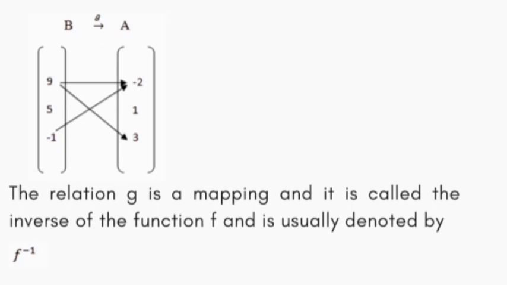The relation G is a mapping, and it is called the inverse of the function f, and it is usually denoted by f raised to the power -1. That is the inverse of that function.